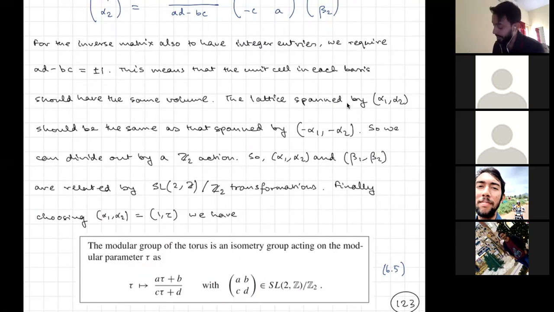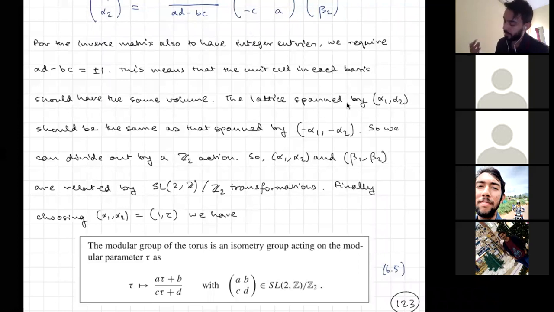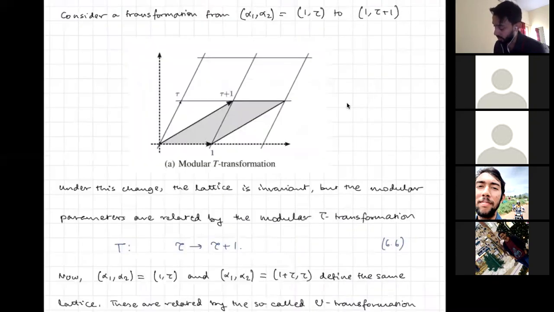Very good. So that's the modular group on the torus T2.